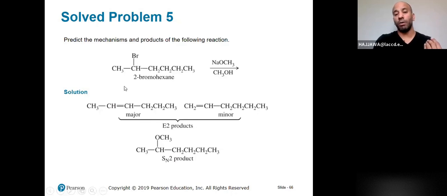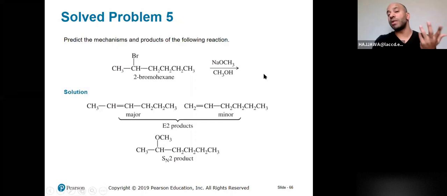The internal carbon will give the Zaitsev product. The terminal carbon will give me the Hofmann product. So obviously the major product will be the Zaitsev product. If this question appears on an exam or a quiz, you're going to be responsible to write both. I prefer that you write the SN2 product, because there is no heat, as it will be the major product.